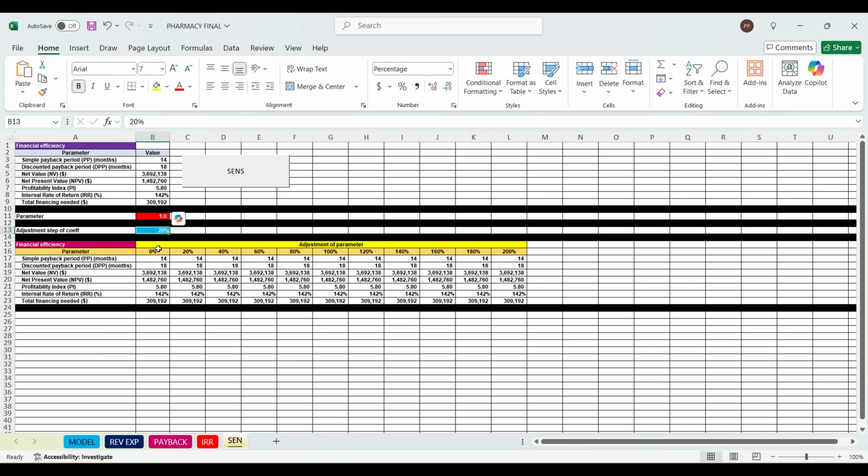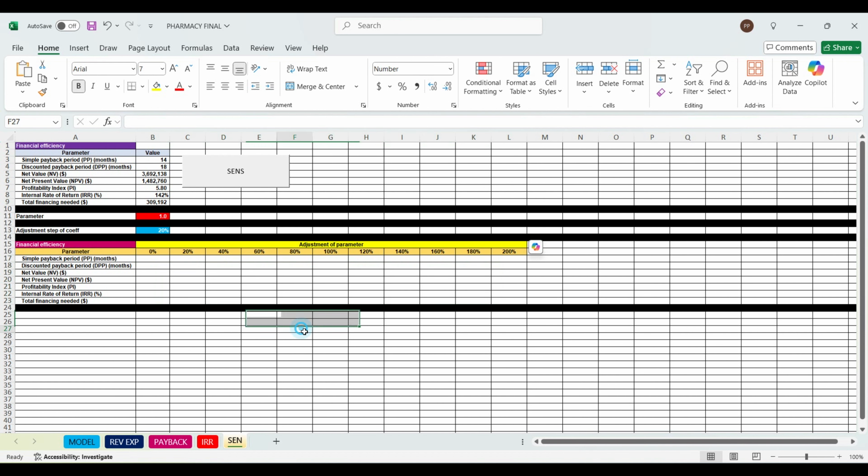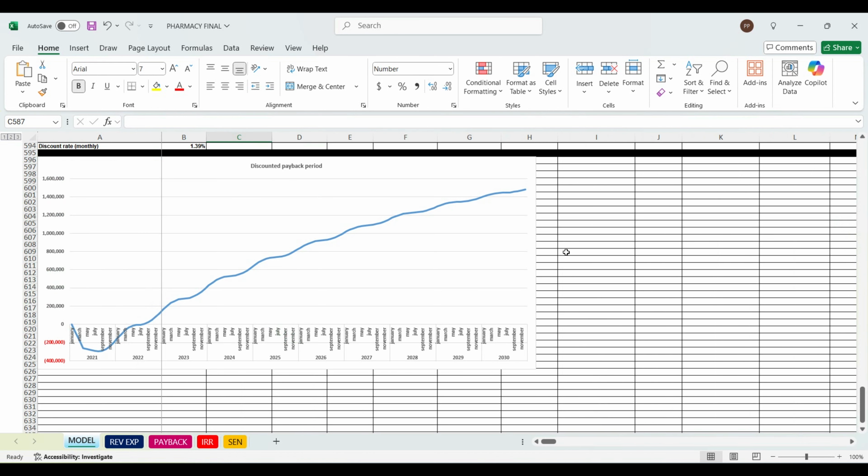So this cell affects this line, and you can play with this. And what you can do, you can add this parameter. Let's say you can delete this data. This is the result of the sensitivity analysis for the previous parameters.